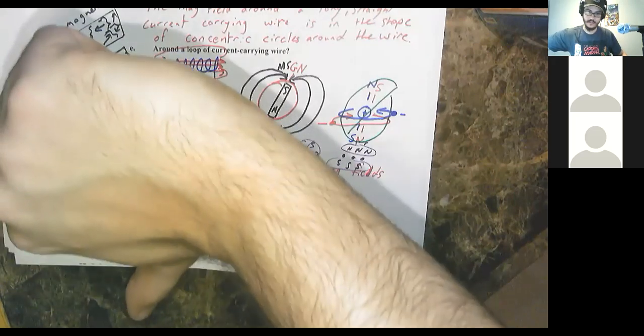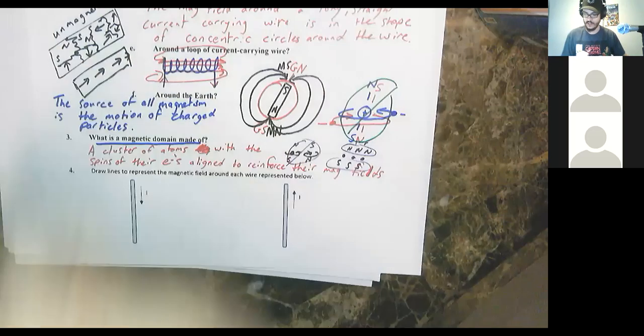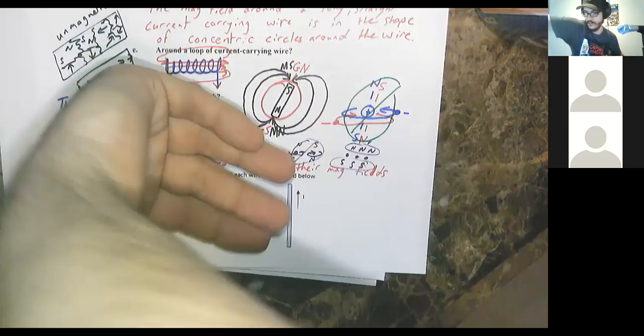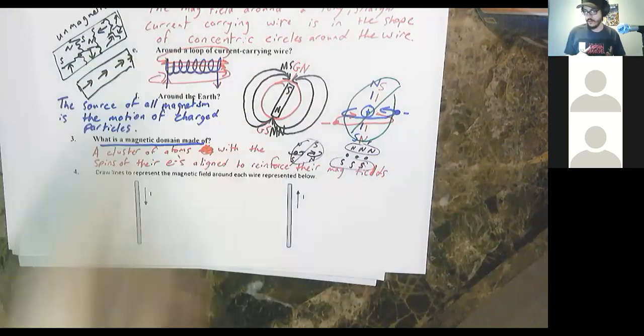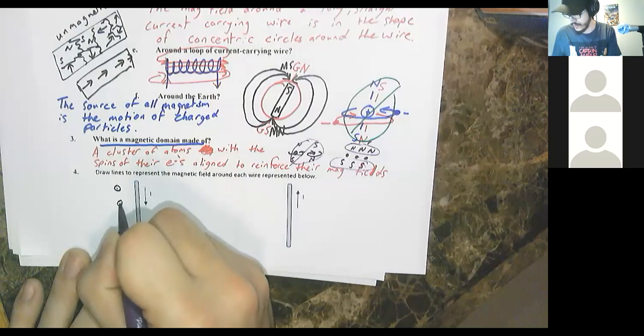So in this one, we point our thumb down to go along with the current, which is going down the plane of the page. And my fingers would curl into the page on the left side and then out of the page on the right. So over here, into the page.